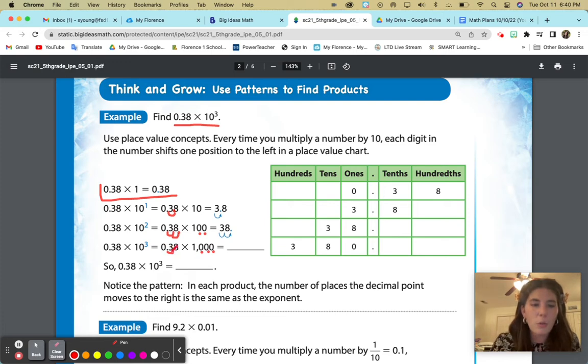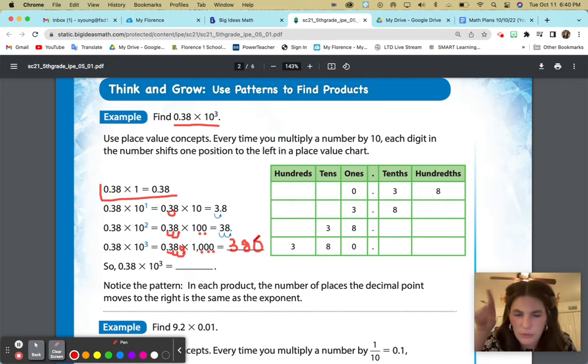So I'm going to go 1, 2, 3. But Miss Young, there's a blank spot. I can't have a blank spot. Well, guess what you fill it in with? A 0. So this becomes 380. All right. Give me a big thumbs up, even though I can't see it right into the camera. If you got 380, bingo, bingo.